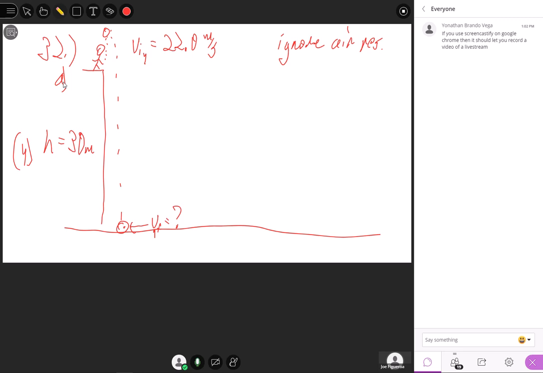All right. So we know the height of the building. We know the initial velocity. What else do we know? I haven't written down everything we know. What's affecting that rock? What's causing that rock to fall? Gravity. Very good. And gravity, we're going to write it as negative 9.8 meters per second squared. Very good.